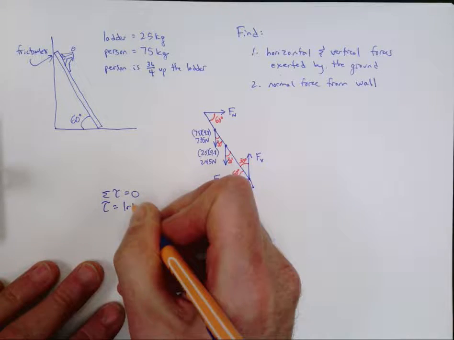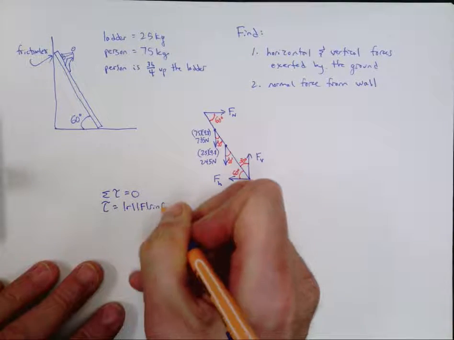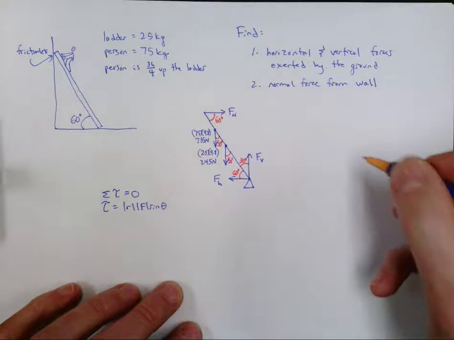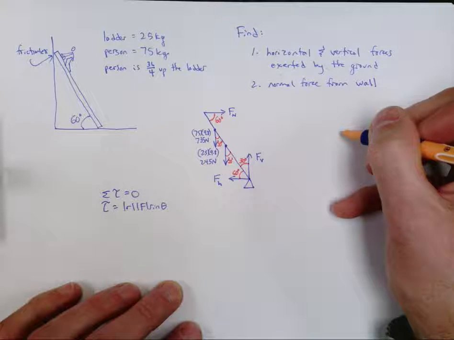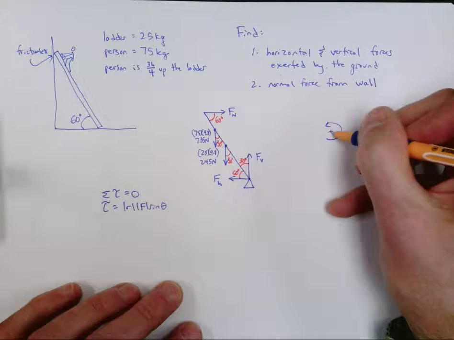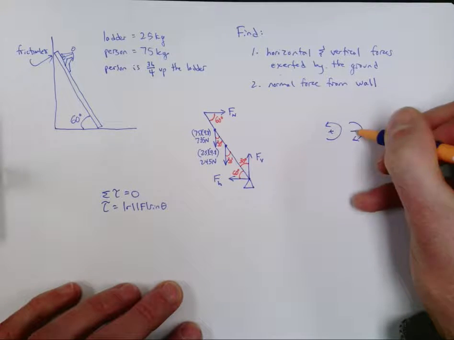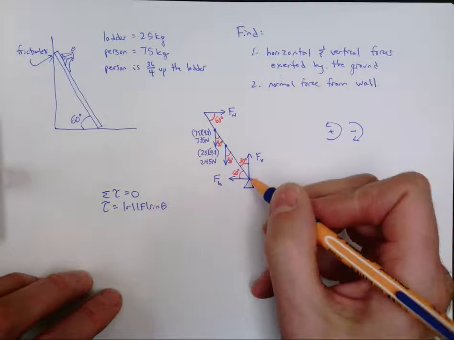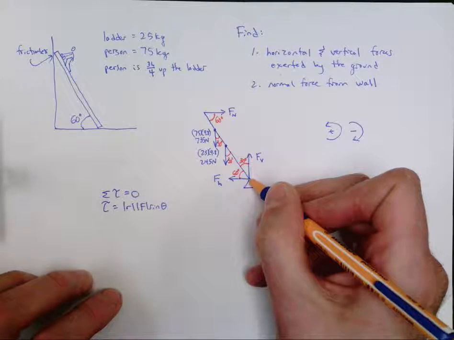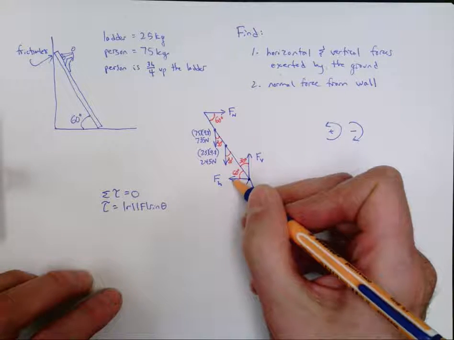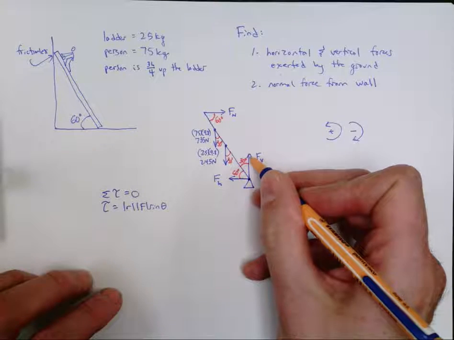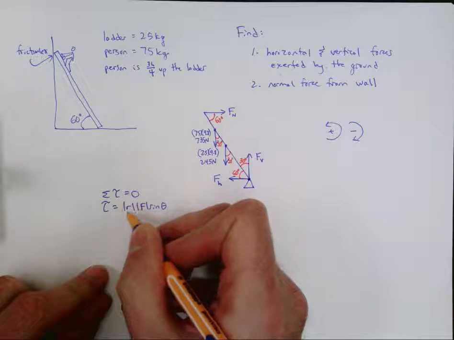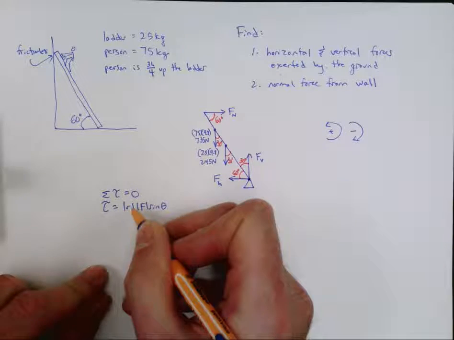Remember, torque equals R F sine theta, and we have to take direction into account as well. Again, traditionally, the counterclockwise direction is considered positive, and the clockwise direction is considered negative. So let's go with that. If we start at the fulcrum and think about the torque due to the horizontal force and the vertical force, those are both 0, and the reason is the R at which both of those forces act is 0.